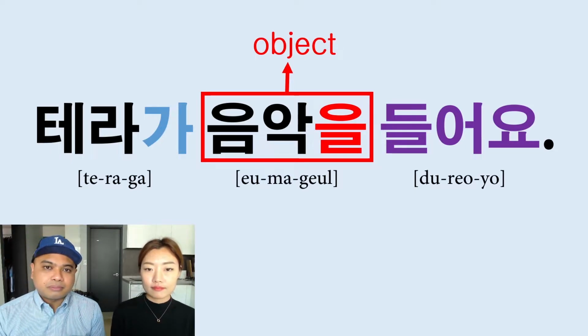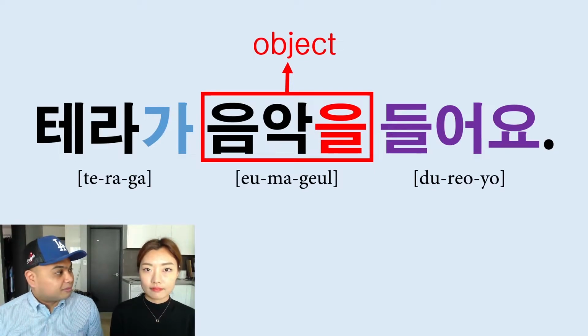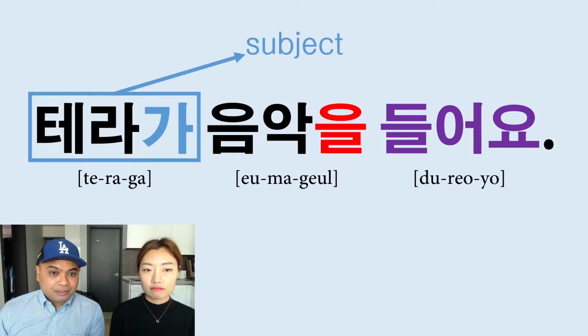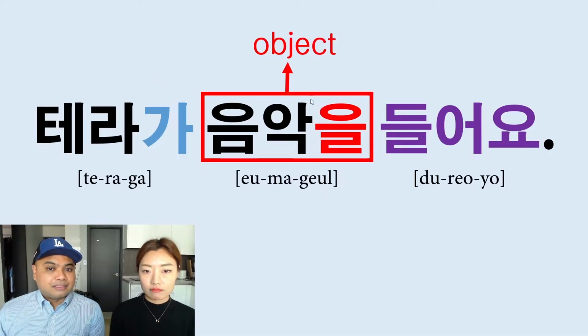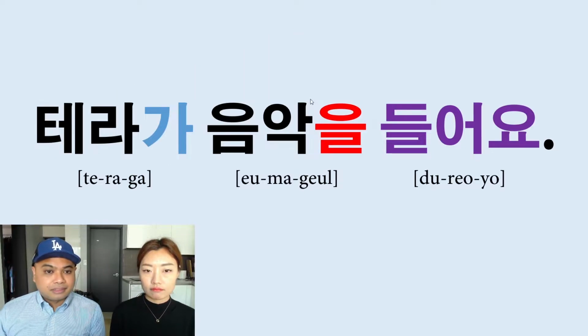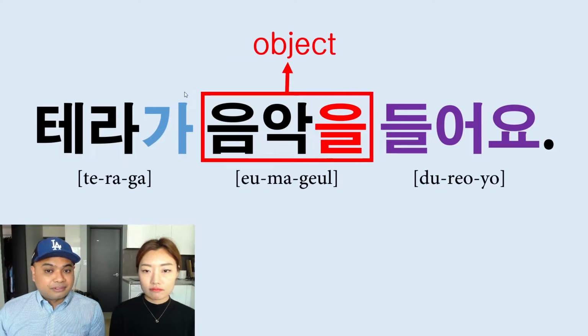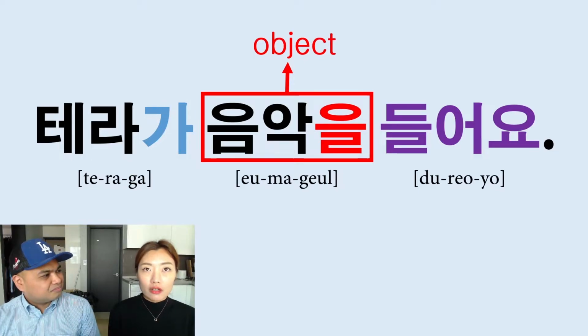Many Korean people told me that you don't need the object marker. If it's simple, and you have the subject already, Teraga, then you know this is not the subject of the sentence because I'm already the subject. So you really don't need it, right? Would you agree? 테라가 음악 들어요.